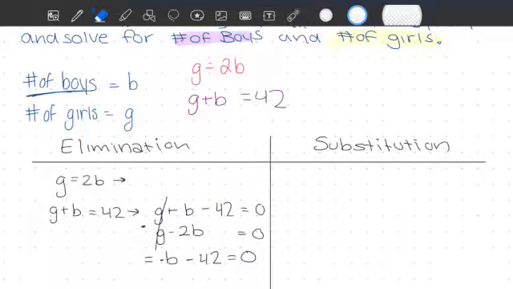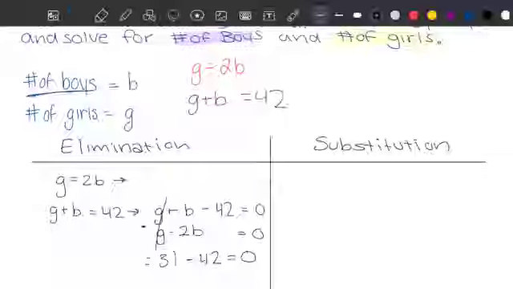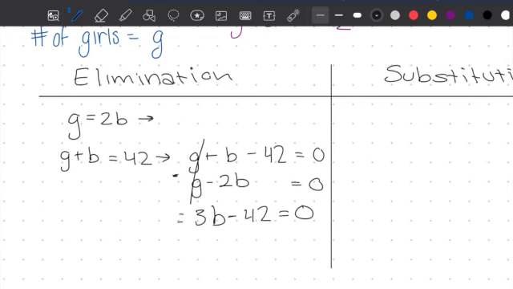Oh, sorry, that's negative 3B. That's my fault. Or 3B. Sorry, I was looking at that, I'm like, that's not right.